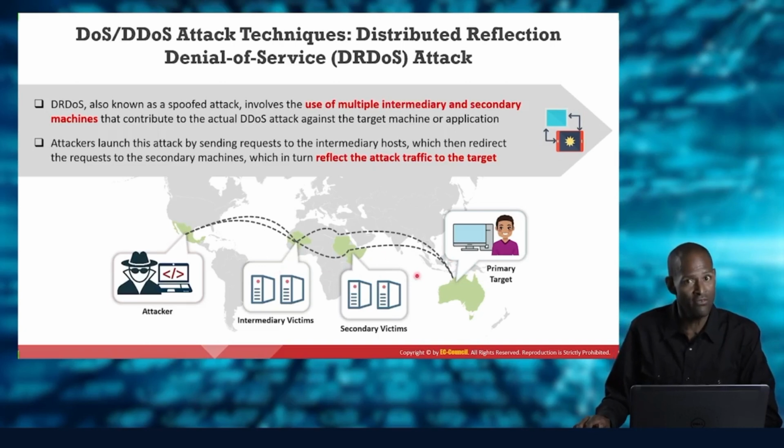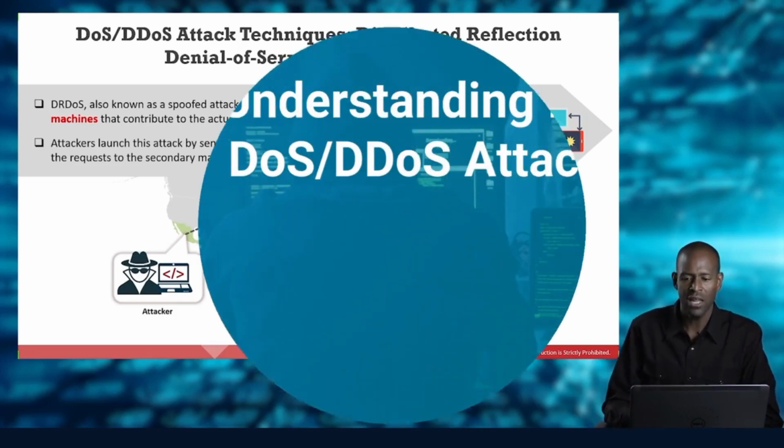So if I am an investigator and I say, oh man, my target in Australia was attacked, and that makes me mad, I'm going to find out who did it. And I trace it back, I find these guys, the secondary victims. And then I trace it back and I find the intermediary victims, and I might lose the trail and not find the attackers. That's why they do distributed reflected denial of service attacks.